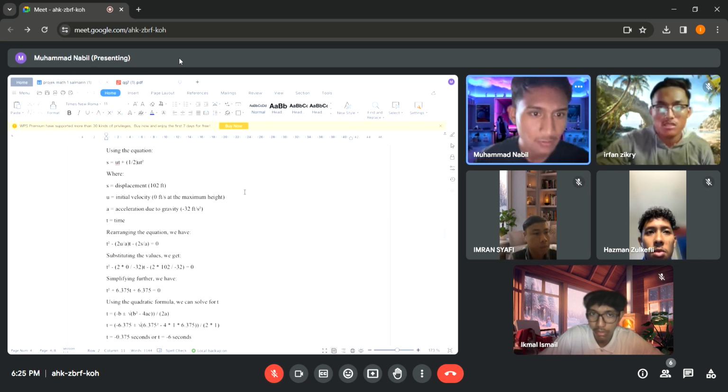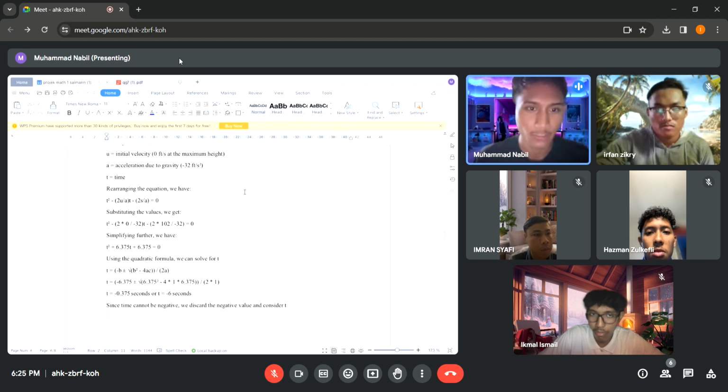where S is displacement, U is initial velocity, A is acceleration due to gravity, which is approximately negative 32 feet per second squared, and t is time.